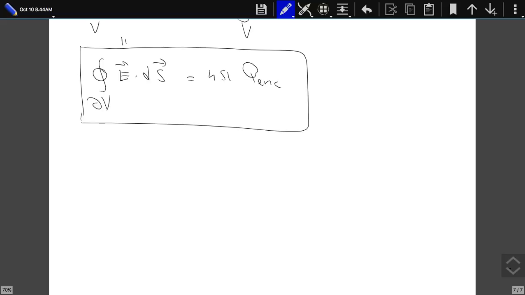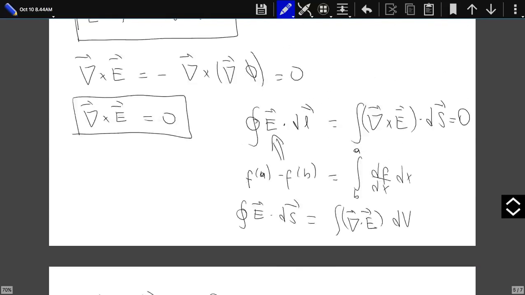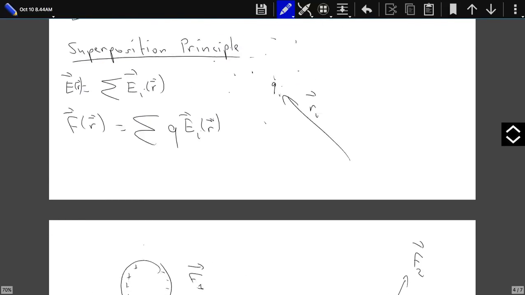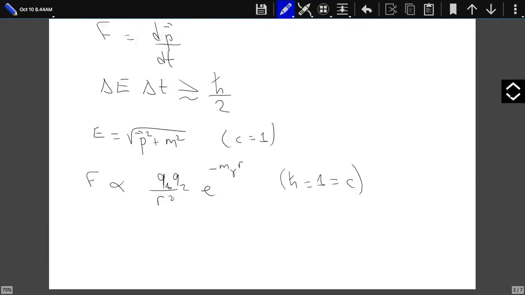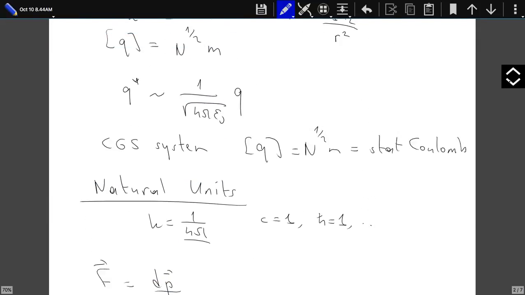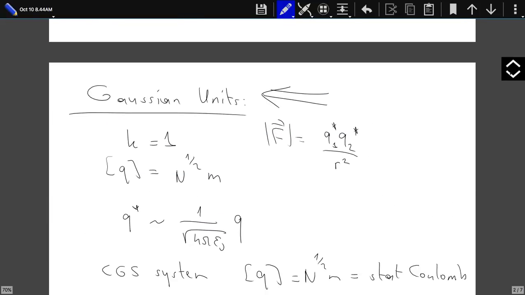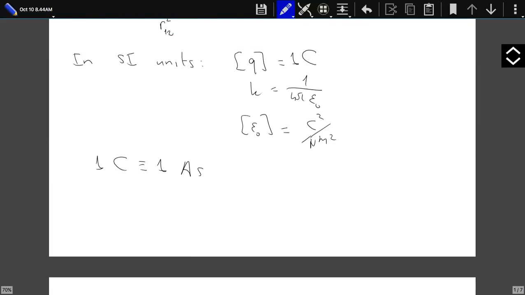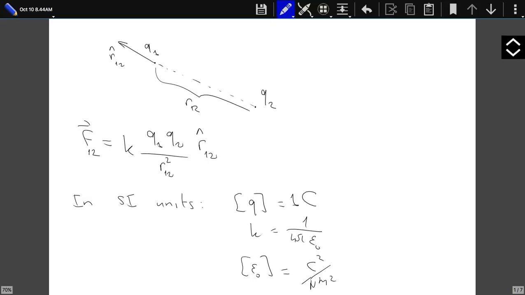What about epsilon 0? Well, if you missed the first hour, the thing is, we are using what's called the Gaussian units. Now, in Gaussian units, what we know is only that the force is proportional to the product of the charges and inversely proportional to their distance squared.